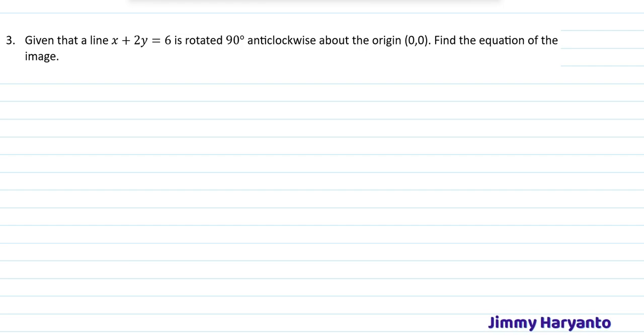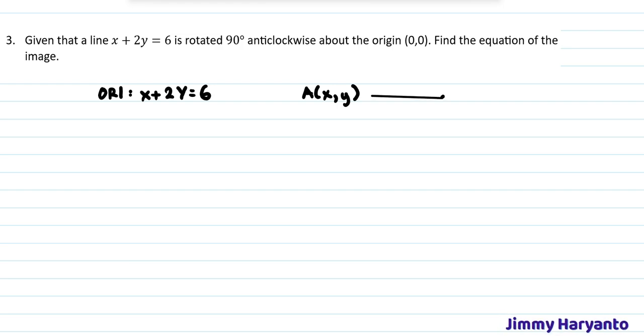Okay, and then example question 3, we have the original line as x plus 2y equals to 6, and then it says the line is rotated 90 degrees anti-clockwise, with 0 0 as the centre.